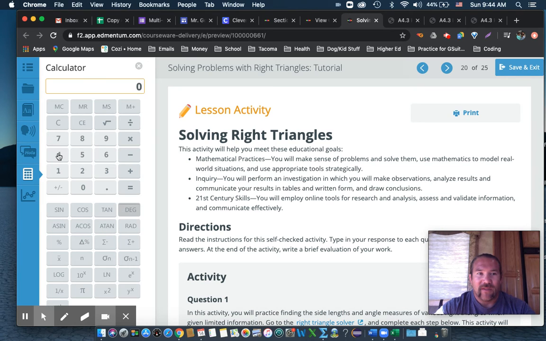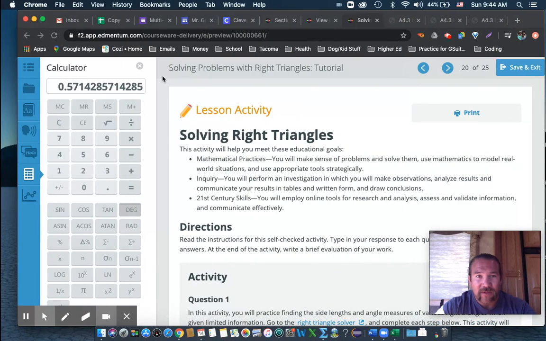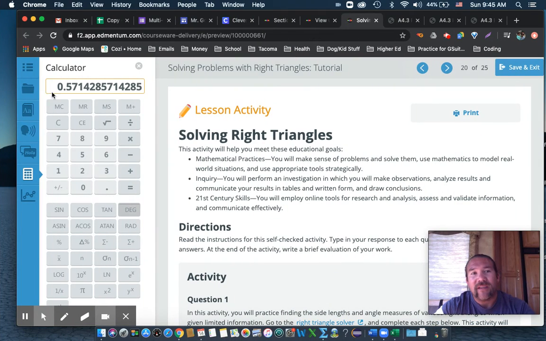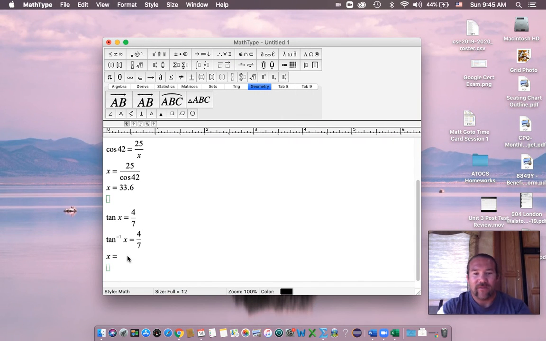Okay, so once again, just 4 divided by 7 equals, and I'm going to take the inverse tangent of this amount, because remember, 4 divided by 7, that's a decimal. That's what this value is right here. So I have to take the inverse of this, and all I have to do is press this one here. So my answer for my missing angle is 29.7. So x equals 29.7 degrees.